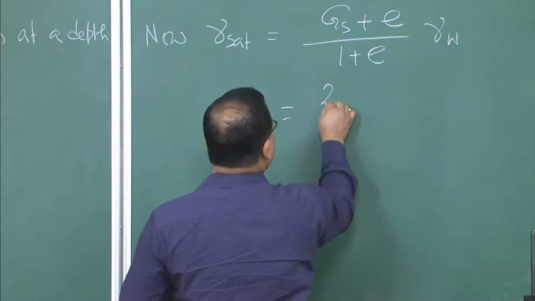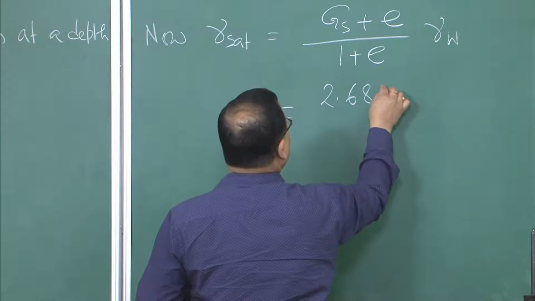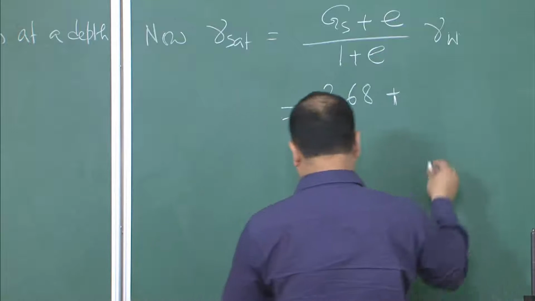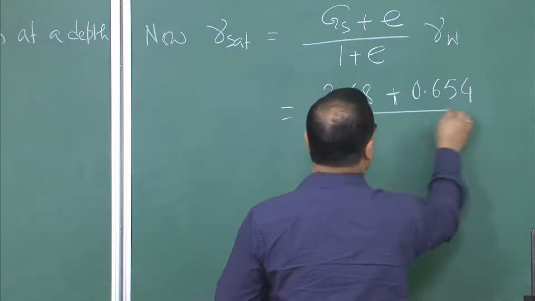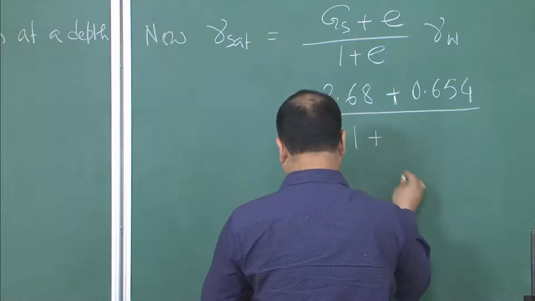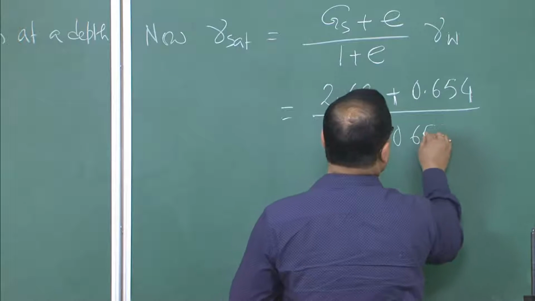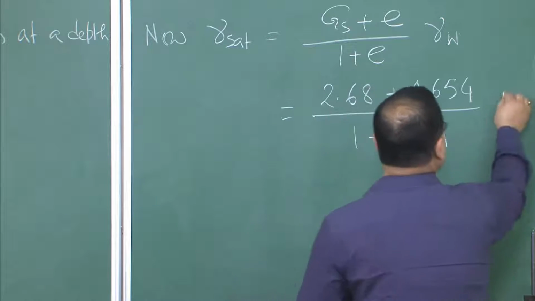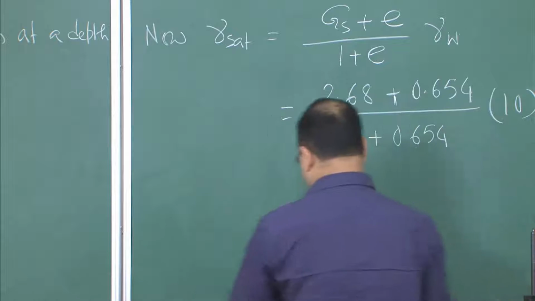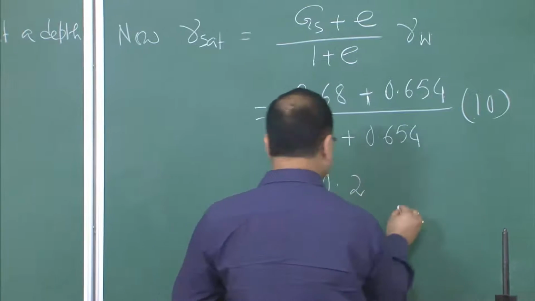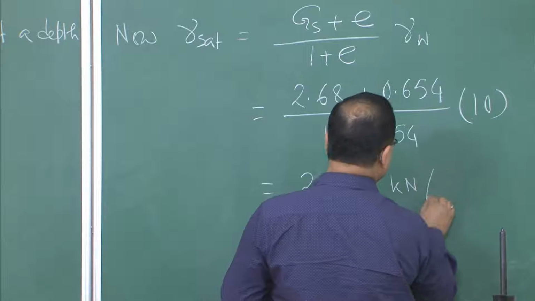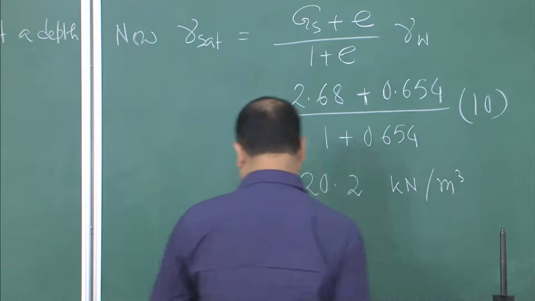If you put all the values, you will get gamma saturated equal to 20.2 kilonewton per meter cube.